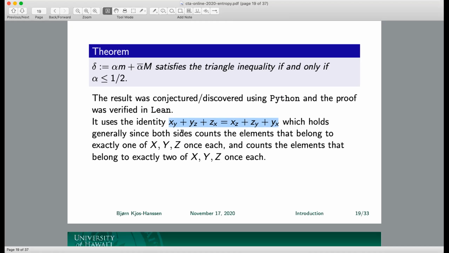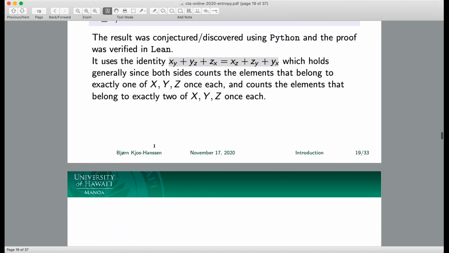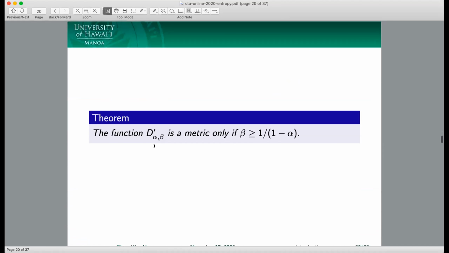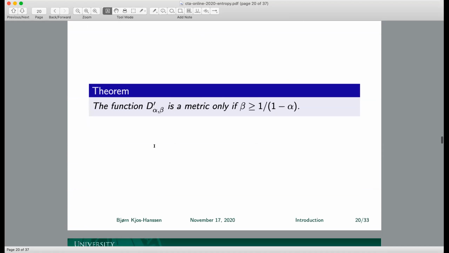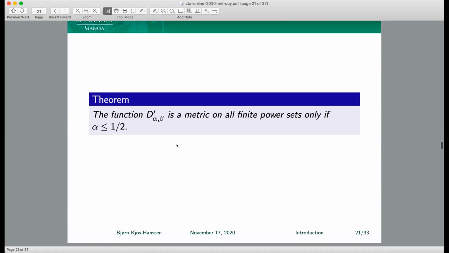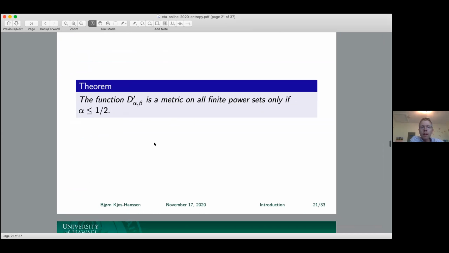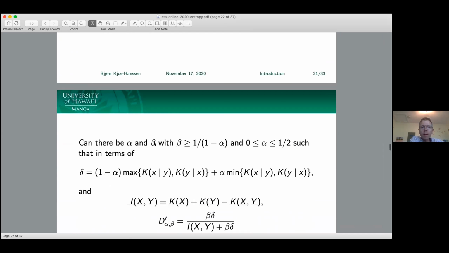After analyzing the proof using Lean, it turned out that this is the nicest way to express the proof, and this is the main ingredient. So then we get this theorem again.